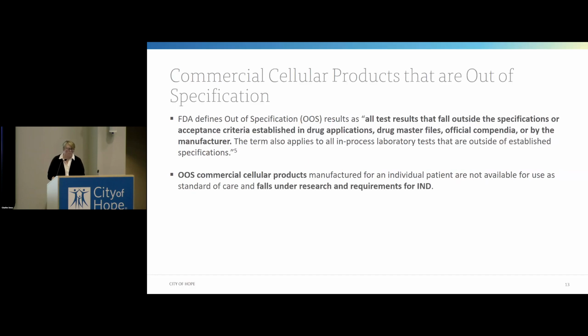So technically the FDA says if it's out of specification, we're not able to use the product. And in the scenarios that we frequently start to see, it's a lower number of cells, the ratios are off, maybe lower potency than expected, those types of things. So how do we move forward?